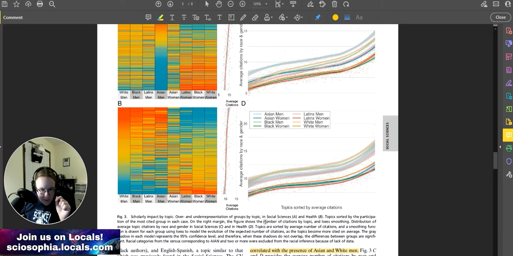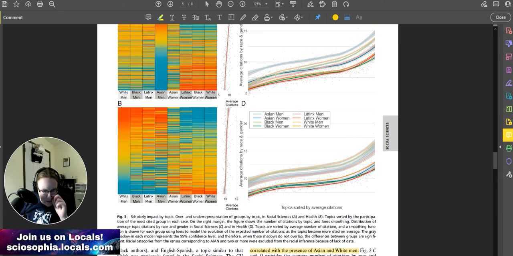Scholarly impact, overrepresentation, topics sorted by participation in the most cited group in each case. On the right margin, the figures show the number of citations by topic and LOESS smoothing, distribution of average topic citations by race and gender in social sciences and health. Topics are sorted by average number of citations, and a smoothing function is drawn for each group using LOESS to model the evolution and the expected number of citations as the topics become more cited on average.